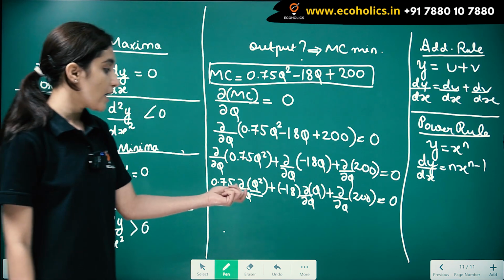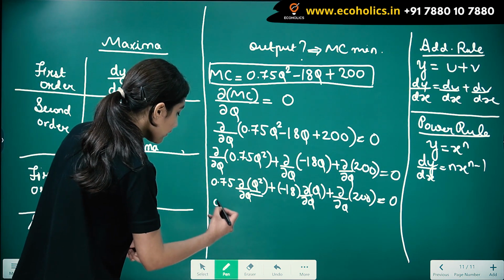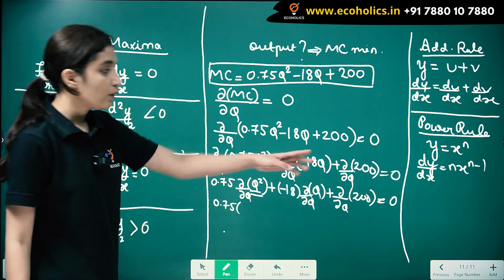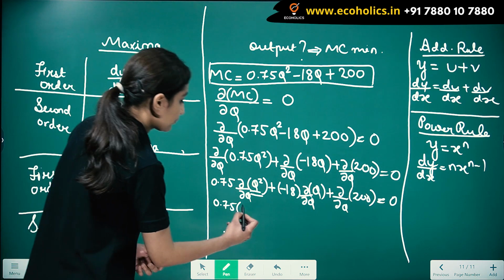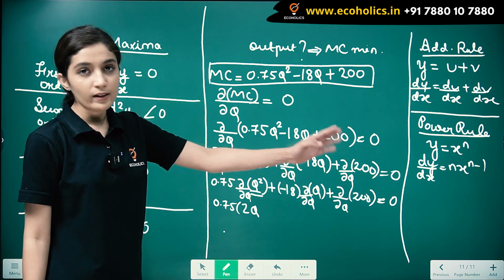In this case our n is 2, so we get 0.75 into 2 into q raised to 2 minus 1, which is 1.